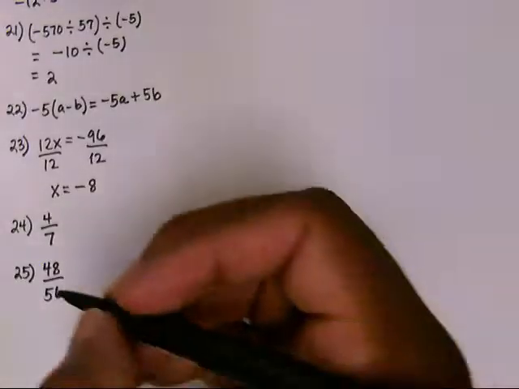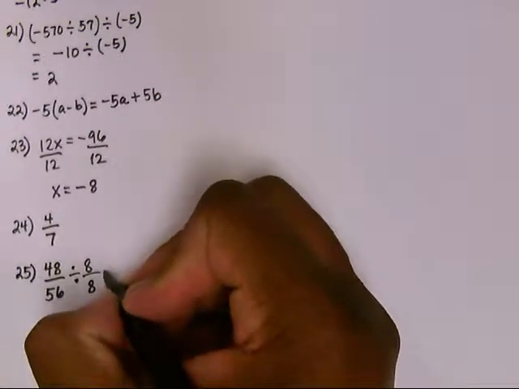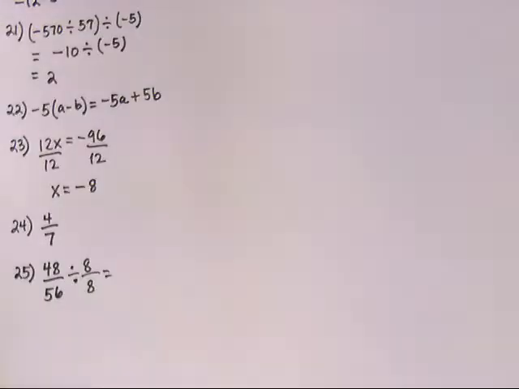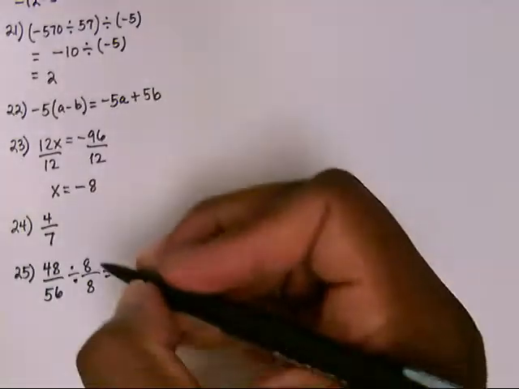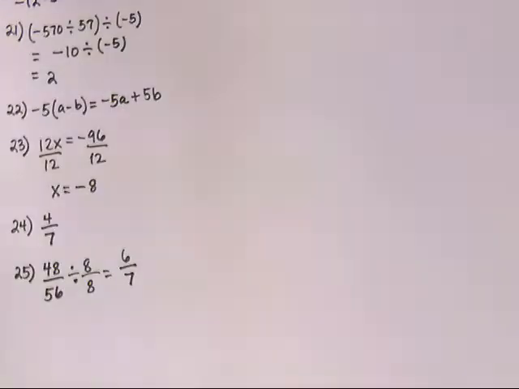In this case, it would have to be 8. So I'm going to divide the numerator and the denominator by 8. 8 goes into 48 6 times, 8 goes into 56 7 times. So in lowest terms, 48 over 56 will be 6 over 7.